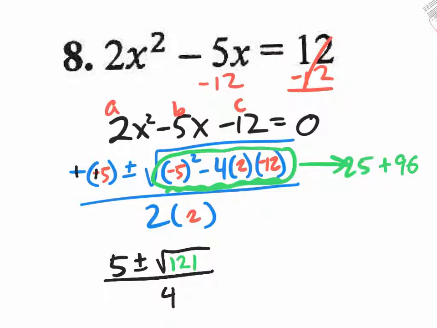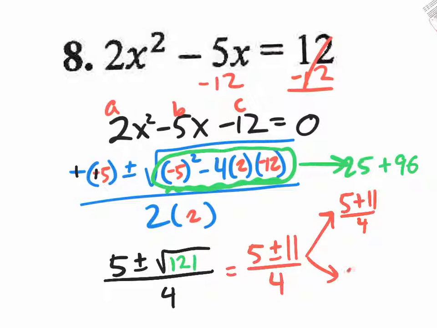Now that's a good thing, because the square root of 121 is what? 11. So I really have 5 plus or minus a nice beautiful 11 divided by 4, which means that I have the 5 plus 11 over 4, and I also have the 5 minus 11 over 4. So 5 plus 11, that's 16. 16 divided by 4 is the answer 4. 5 minus 11, that's negative 6.